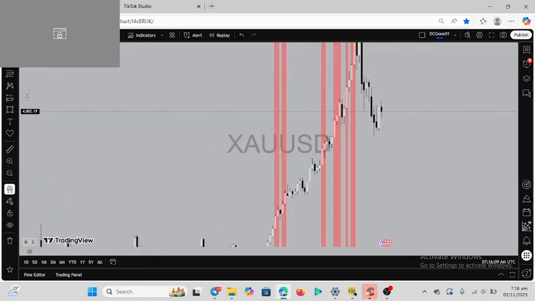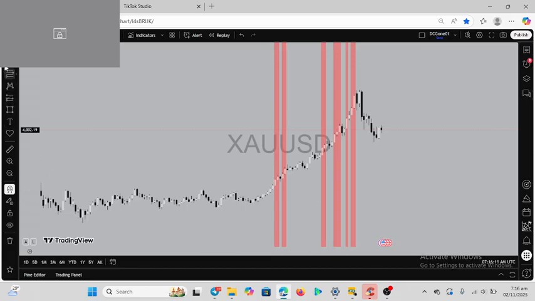You could see that we had a very good uptrend for gold on this side, and we could see that the trend line has been broken, but that doesn't mean we have to shift or, let's say, sell the market yet.